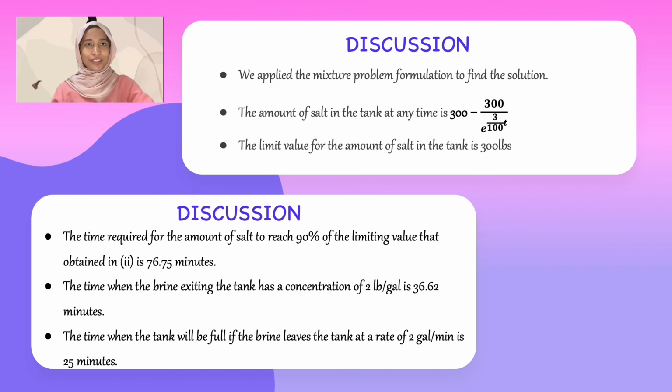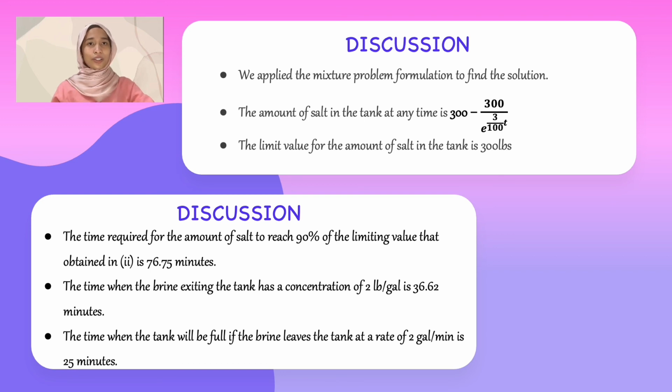In this discussion, we applied the mixture problem formulation to find the solution. The amount of salt in the tank at any time is 300 minus 300 over e to the power of 3 over 100 t. The time required for the amount of salt to reach 90% of the limiting value obtained in 2 is 76.75 minutes.